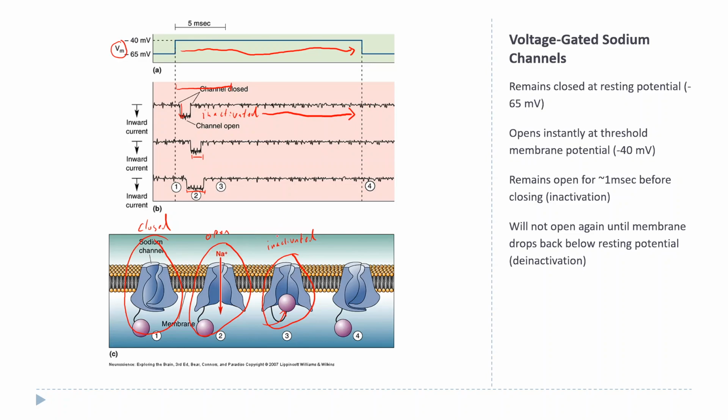Once they get back down below threshold, then they go back to basically the closed state again. So closed, open, and inactivated. In fact, sometimes this process of going from inactivated back to closed we call de-inactivation, which is kind of a mouthful and sounds like a double negative, a self-contradictory term, but that is what that process is sometimes referred to.